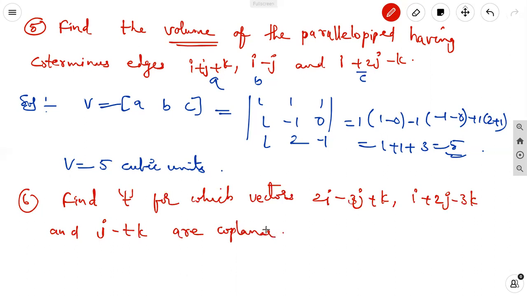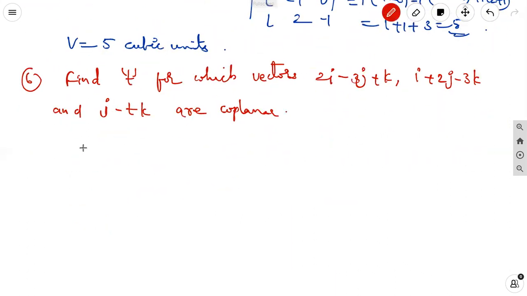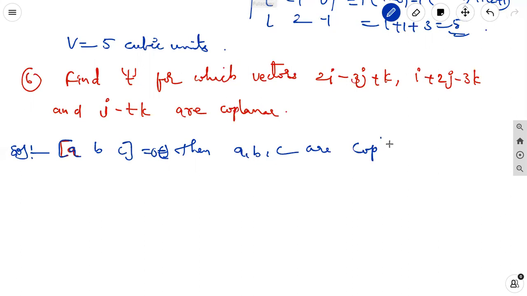Coplanar means its volume is equal to 0, then we can say that those three are in the same plane. That is, the volume of ABC equal to 0, then ABC vectors are coplanar.